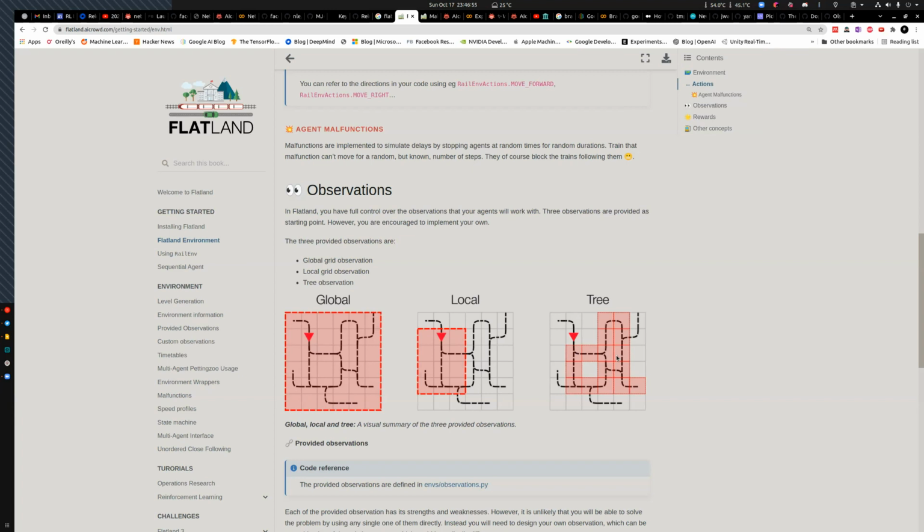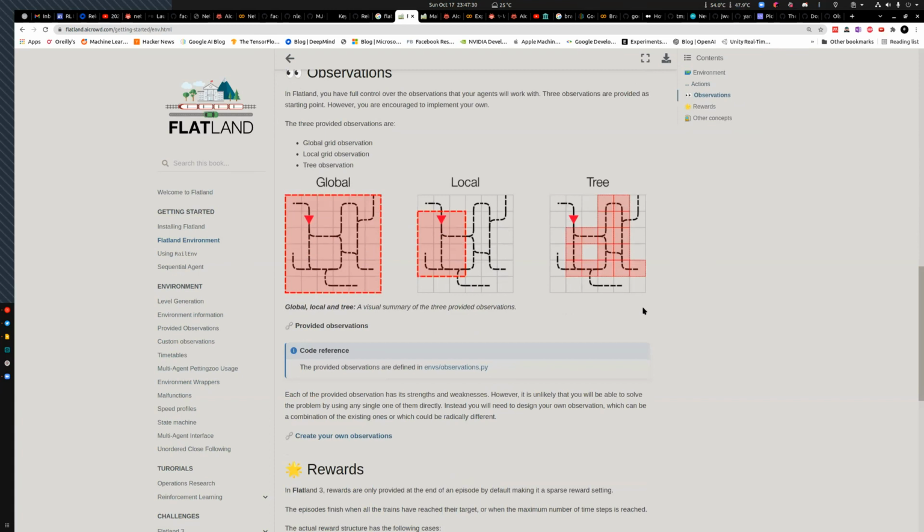The tree is, as you guessed it, simply a root and some nodes which are implemented as a data structure. So yeah, we have the environment, which we can go into the details of how they have implemented it.